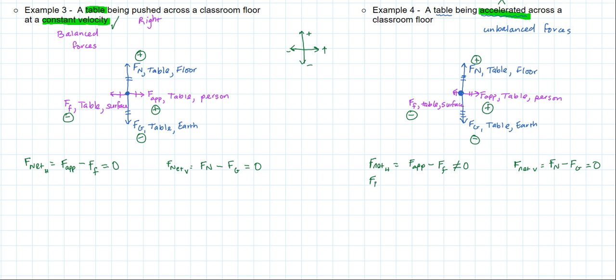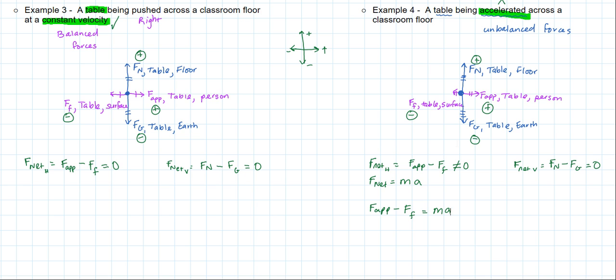And that was Newton's second law, F net equals m times a. So F net is my applied force minus my frictional force. And instead of writing not equal to 0, I'm going to write equals m times a. Well, m times a is going to be a number because a is not 0. So this might be 1 kilogram times 2 meters per second squared.